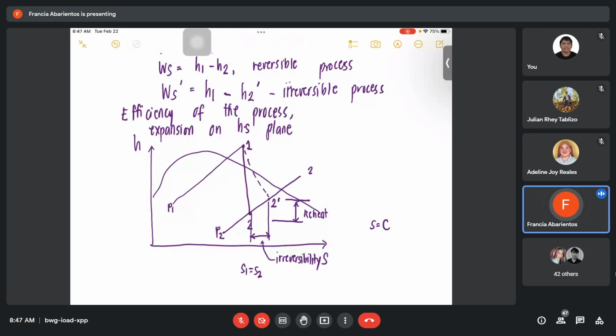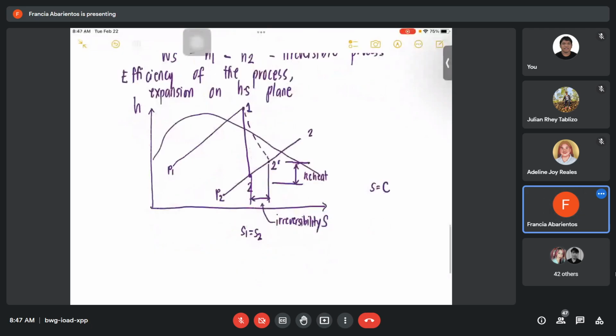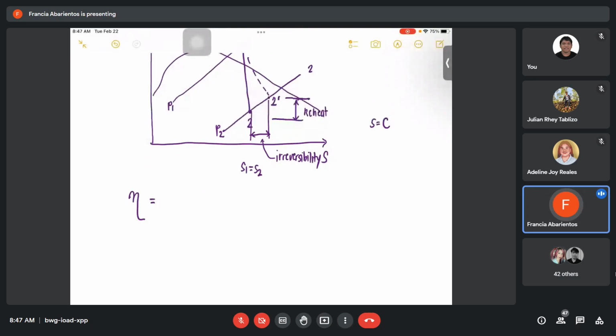Bakit kailangan natin to class? We need to compute for the efficiency. This is now the efficiency, noted as N. Yung efficiency natin, ganito class. N, malaking N. So, this is the actual work over the ideal work.